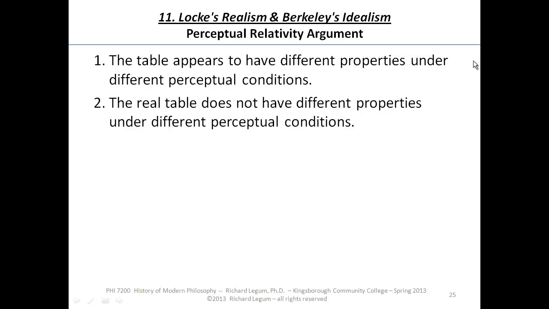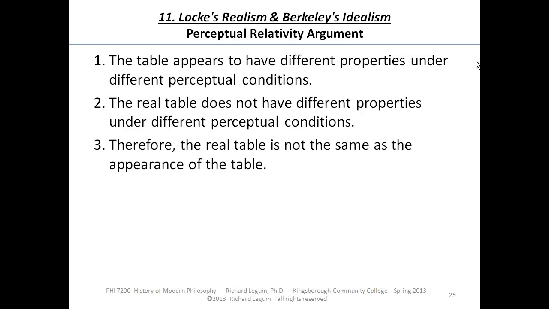But the real table doesn't change depending on whether you're looking at it from that perspective or the other perspective. Your perspective from which you're looking at it does not change the real table. So the conclusion is that the real table isn't the same thing as the table appearing to you.